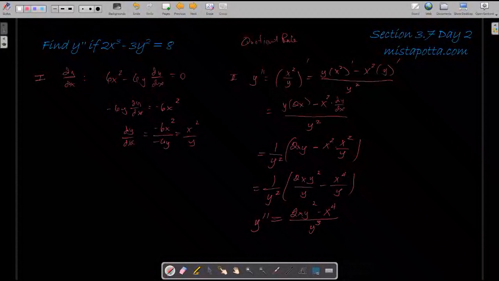And so, as I said, the algebra is a bit involved. But we're going to see an interesting trick that we can use on these next two examples. The key thing to remember, though, is that it's a two-step process. The first thing I'm going to have to do is to find dy dx. And once I've solved for dy dx, I'm going to take the derivative a second time to find my second derivative, y double prime.